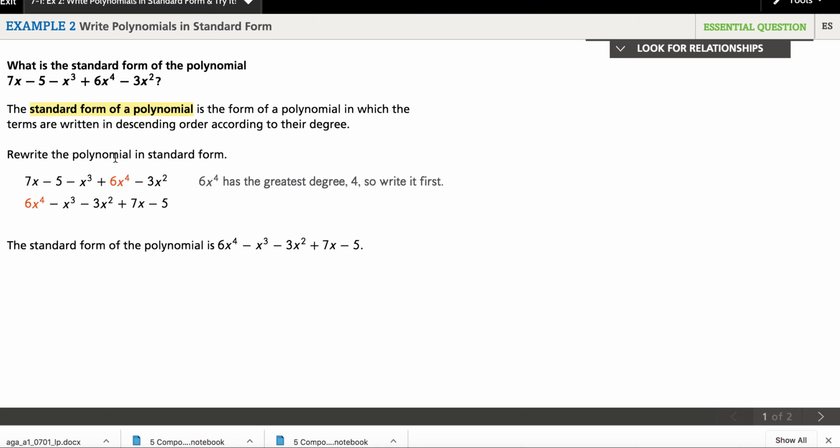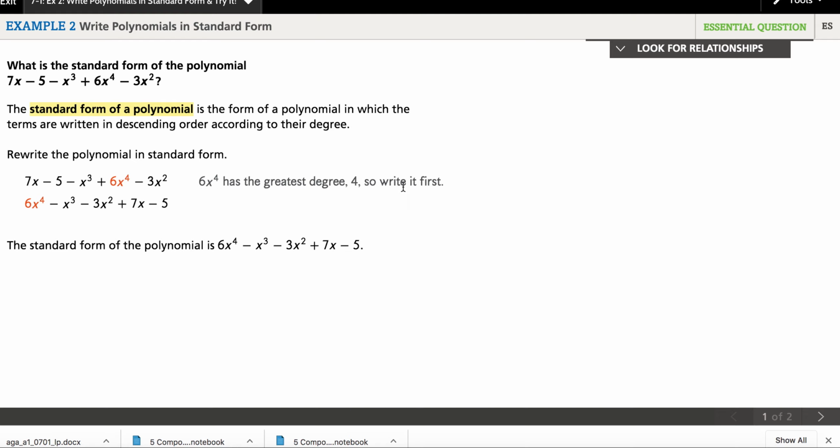Write the polynomial in a standard form. Now, 7 times x minus 5 minus x cubed plus 6x to the 4th power minus 3 times x to the 2nd power. 6x to the 4th power has the greatest degree, 4.